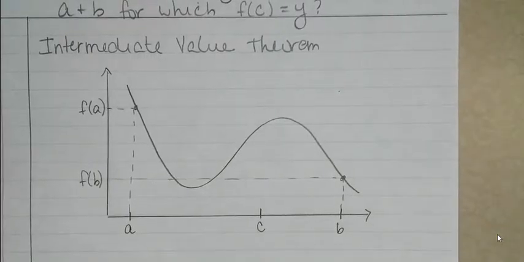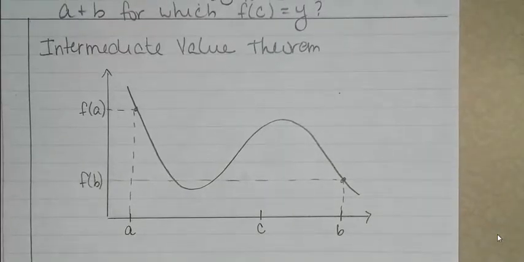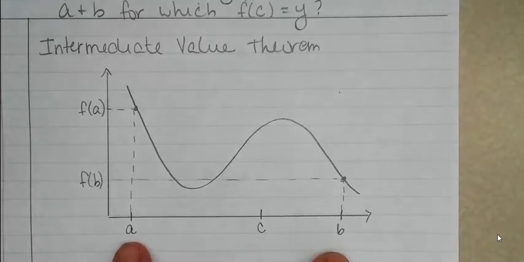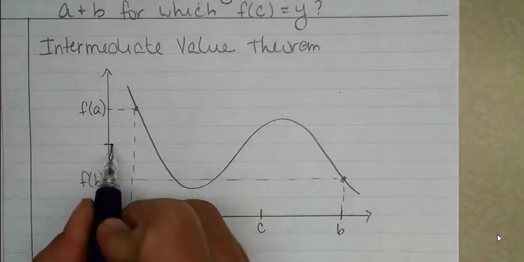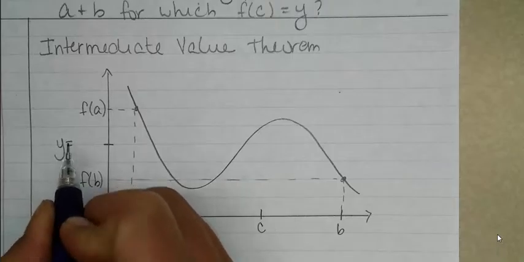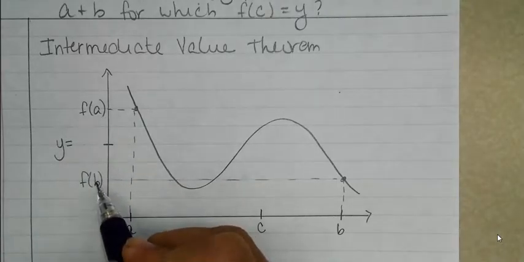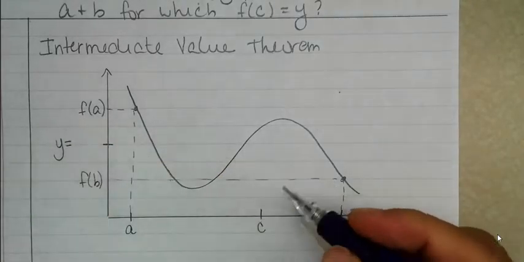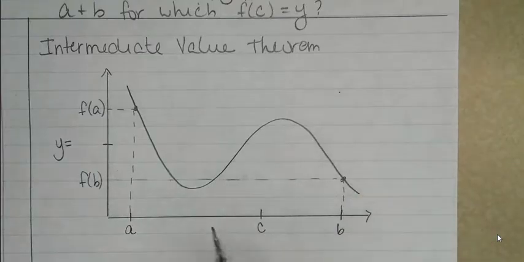And all that the intermediate value theorem is saying is that if these are my two endpoints, let's just think of in this interval, then there's going to be some y value in between f of a and f of b.